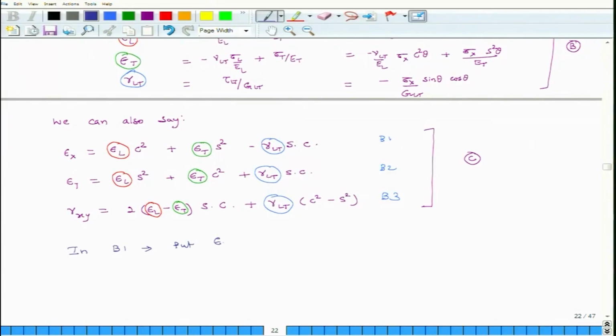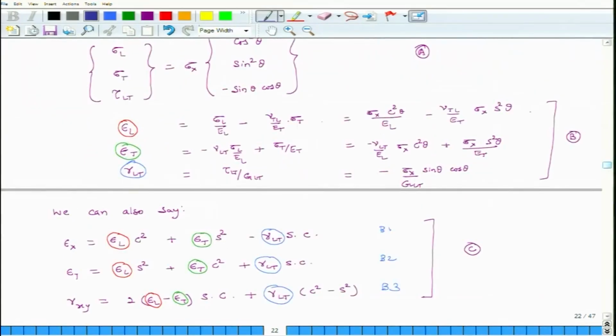Oh, I am sorry, this should not be B1, B2, B3, it should be C1, C2, C3. So, this is equation C1, C2 and C3, and this is equation B1, B2 and B3.